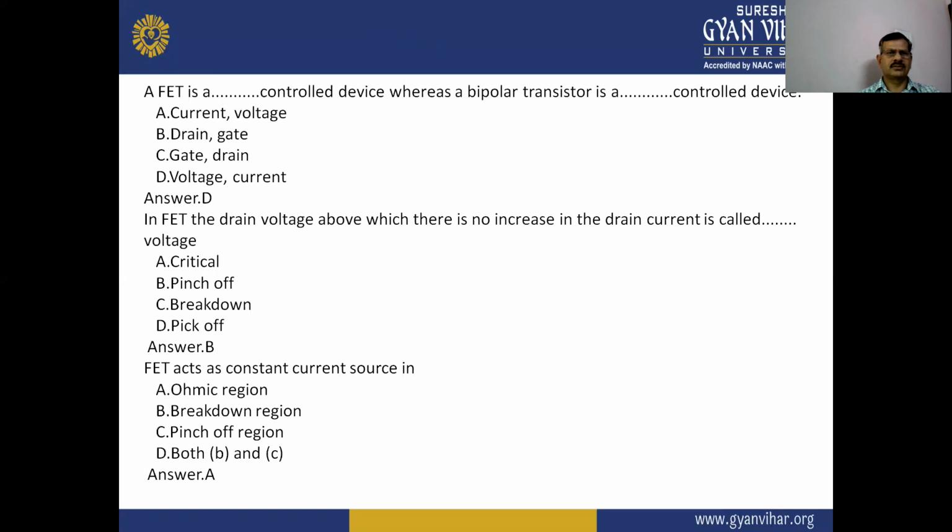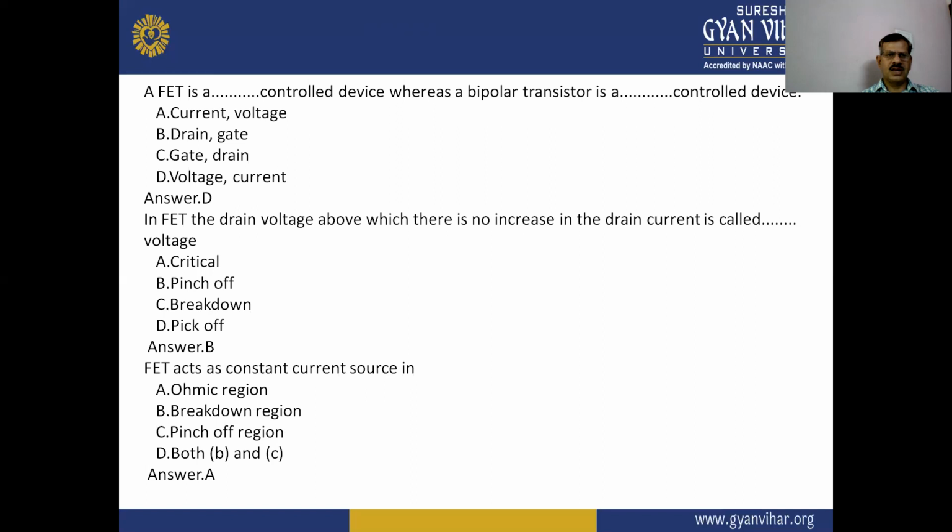Next question. A FET is a control device, whereas a bipolar transistor is a control device. Option A, current and voltage. Option B, drain and gate. Option C, gate and drain.